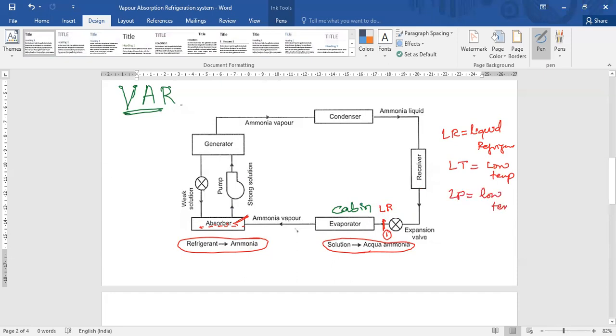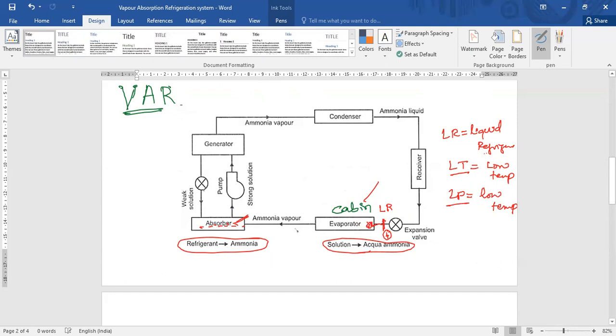These are the 3 thermodynamic properties we need. So I will explain now. Point number 1 is the inlet to the evaporator or cabin, where the refrigerant is in liquid state. Liquid refrigerant at low temperature and low pressure enters into the evaporator.